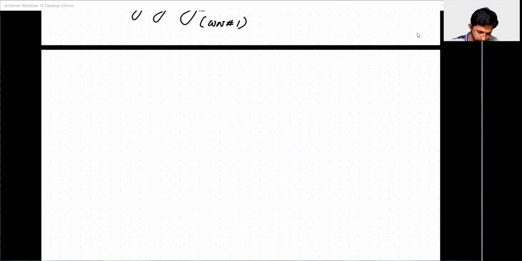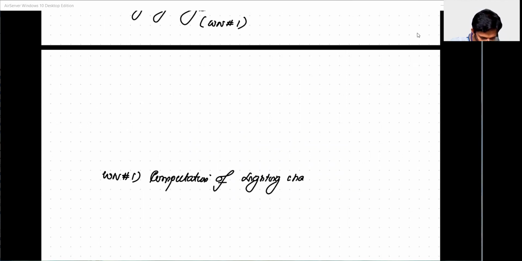I am giving some space for the remaining calculation. Computation of lighting charges payable. See friends, the lighting charges have to be paid based on the number of room days. Now, number of room days is not constant throughout the entire 12 months.